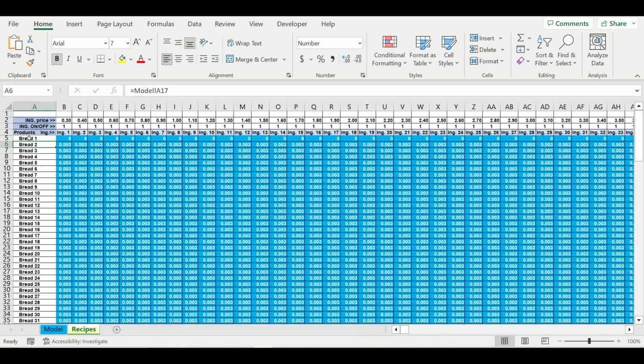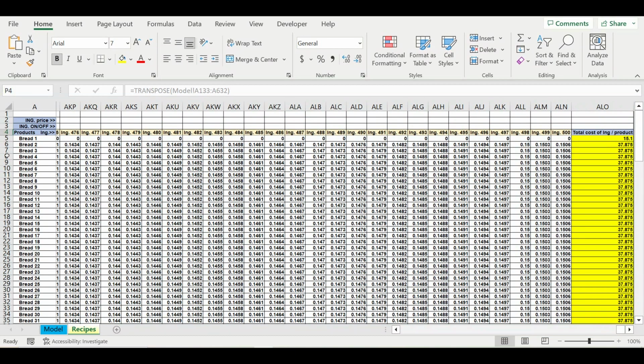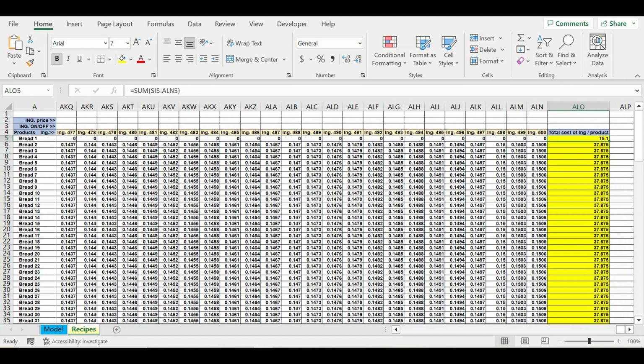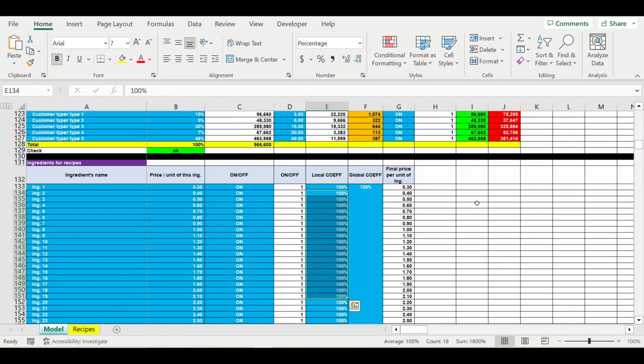So for example, to cook one bread type 1, we need 5 units of ingredient number 1, and we need 8 units of ingredient number 15, and this will give us the direct cost per one bread type 1 of $15. So this is how it works. These are the recipes, and then these recipes flow into the model.